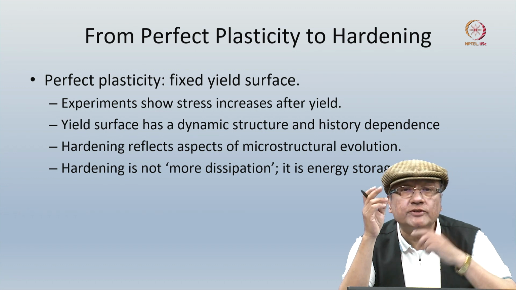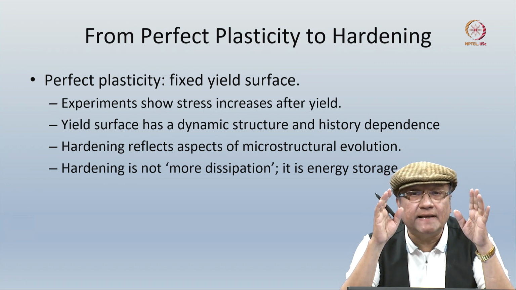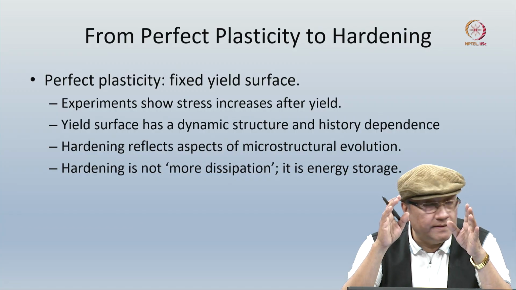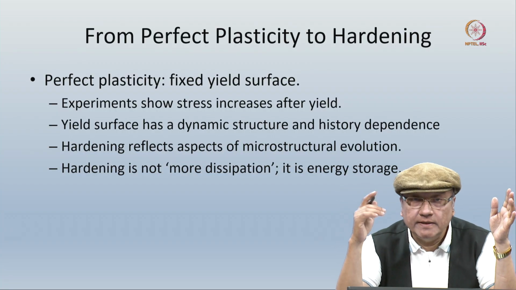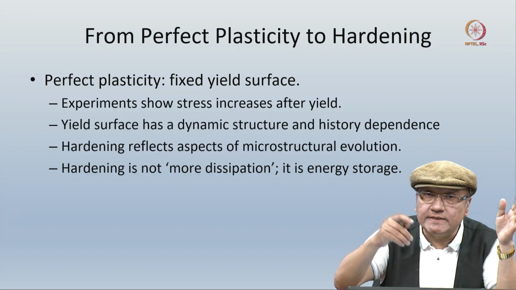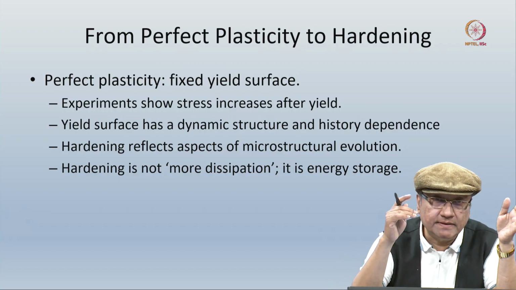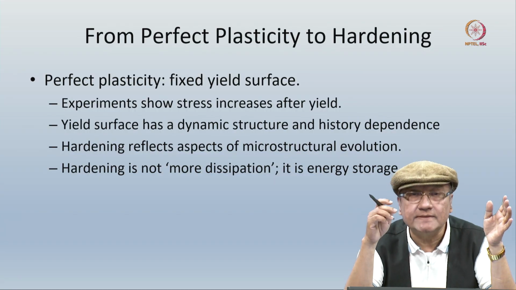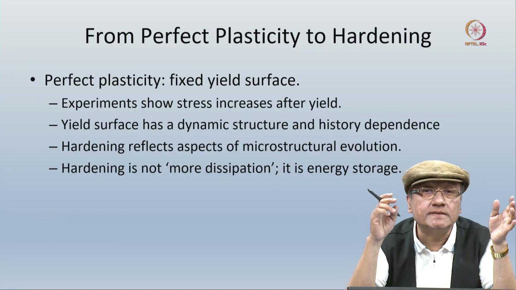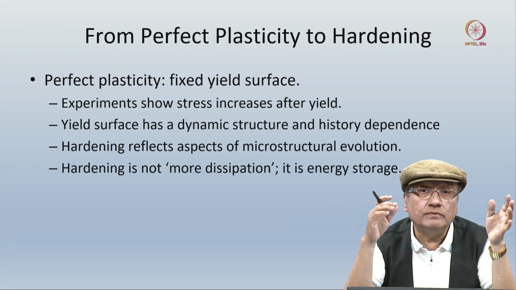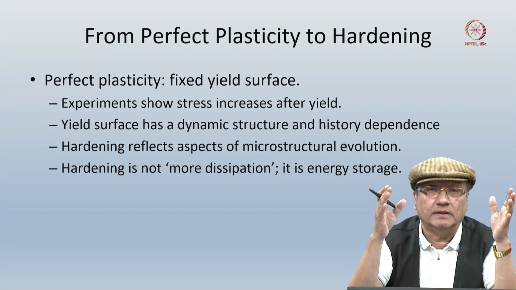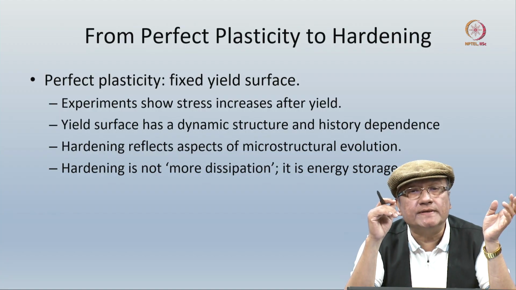So we can identify two different aspects of this motion. One is an expansion of the yield surface. You know that the yield surface is a closed set in the stress space. In the space of all stresses, the yield surface is convex and closed, so we can think of it like a ball in the stress space.